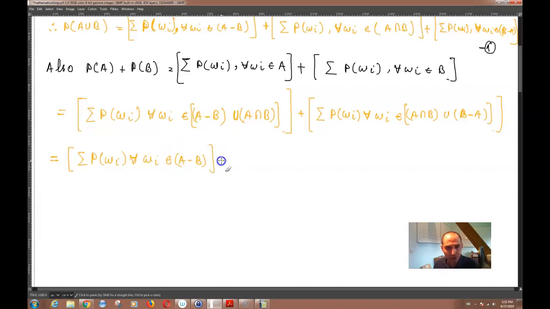And then add to that this set, all the omega of I in this set as well, because they are actually together, but they are disjoint sets, so you can add them together. So then you can write this as sigma of basically P of omega of I for all omega of I belonging to this set A intersection B.